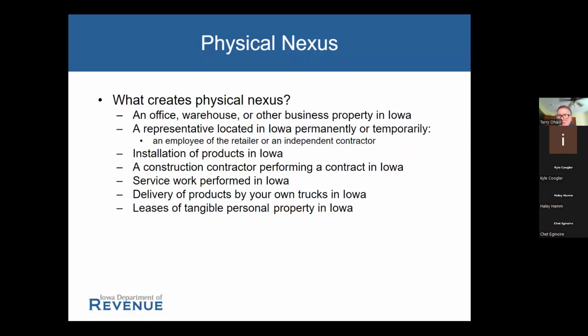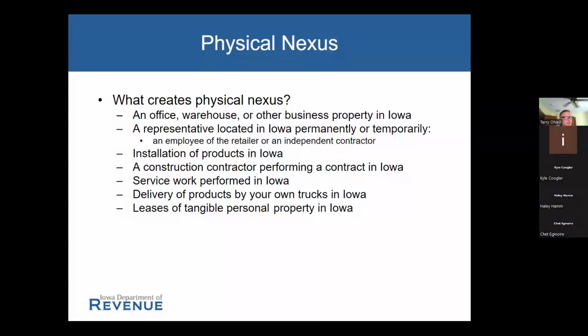The first thing, if you are a business and you have an office, maybe a warehouse, or other business property in Iowa, that would establish a physical Nexus here in Iowa. If you have a representative located in Iowa, maybe permanently, maybe temporarily, if they are an employee or possibly an independent contractor, that could establish a physical Nexus in the state of Iowa.